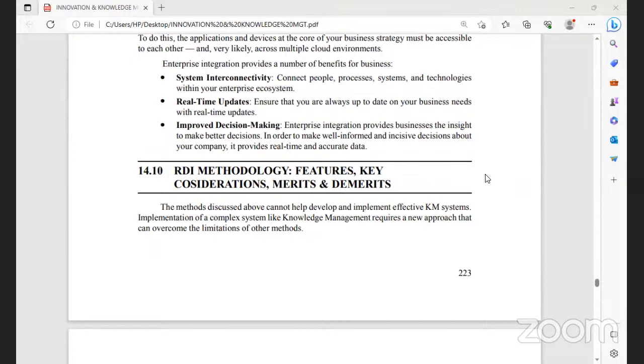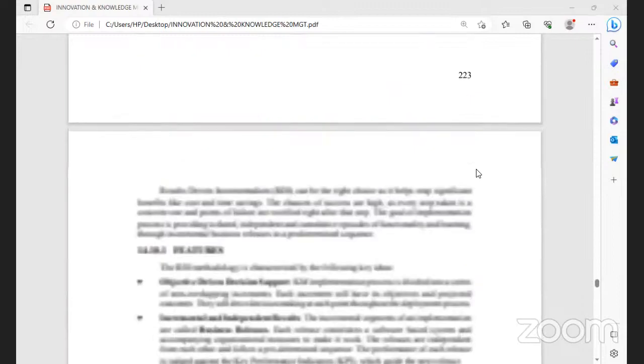These methods are discussed with proper implementation of a knowledge management system, with complex systems like knowledge management, which consist of limitations and particular merits and demerits.